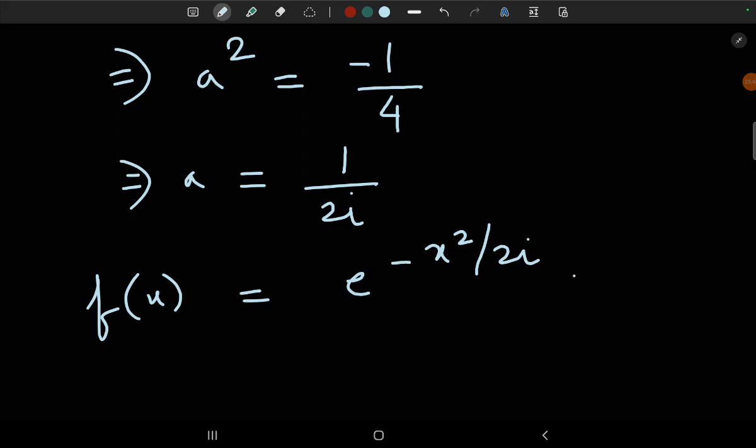So this is a complex valued function, for which this became an eigenvalue equation. Okay, so this is the condition for a.